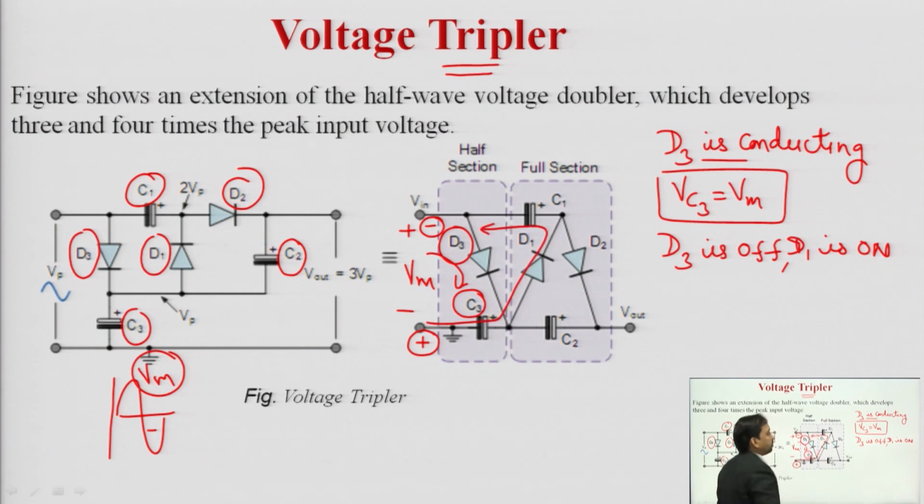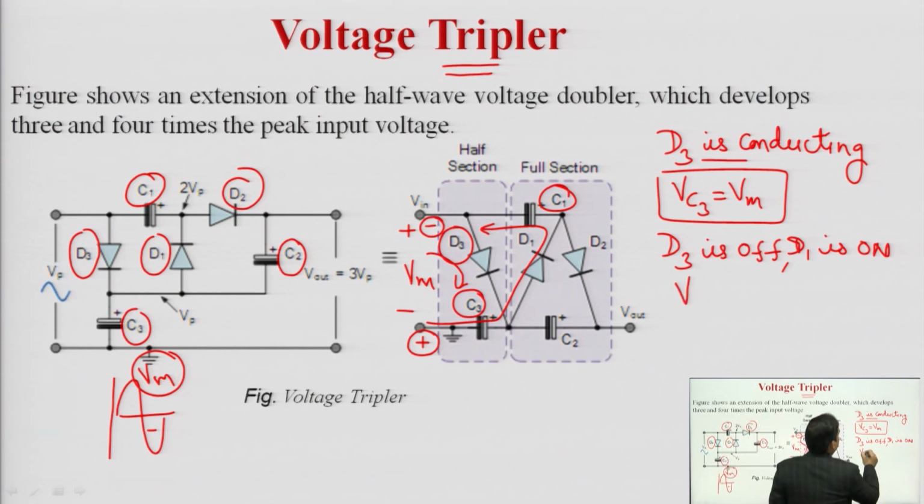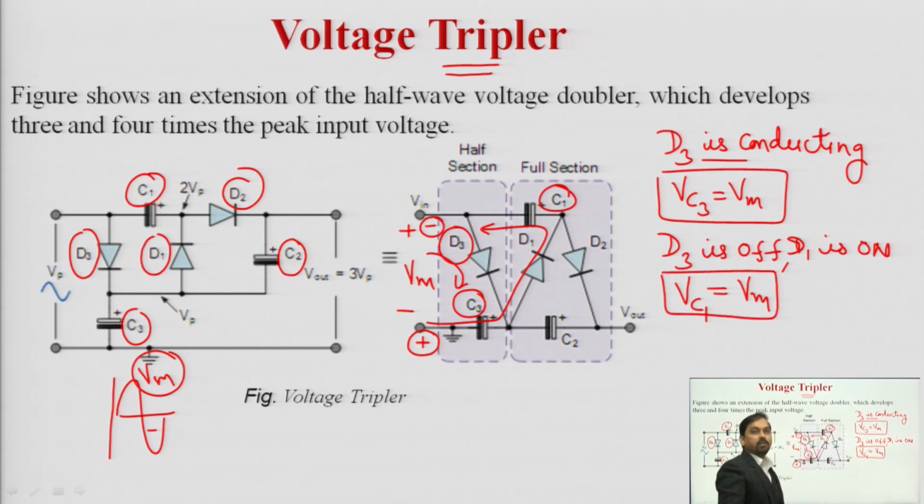Due to this, capacitor C1 will be charged to a voltage of Vm. So Vc1 equals Vm.